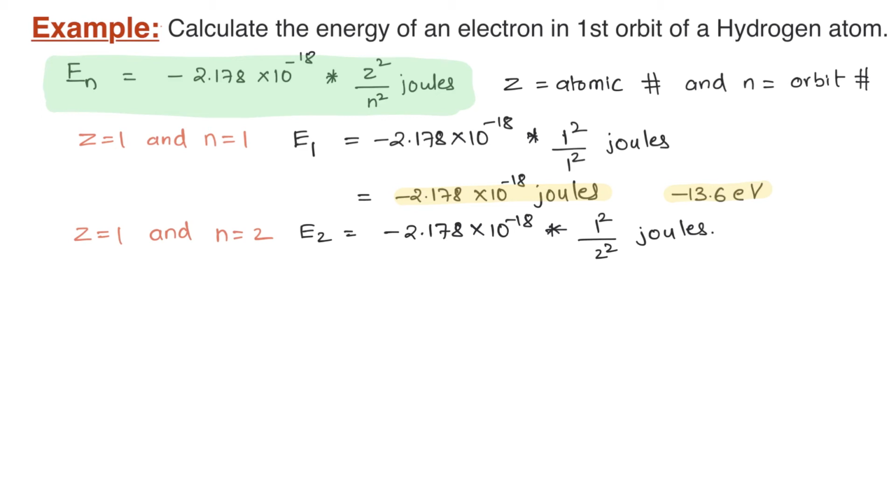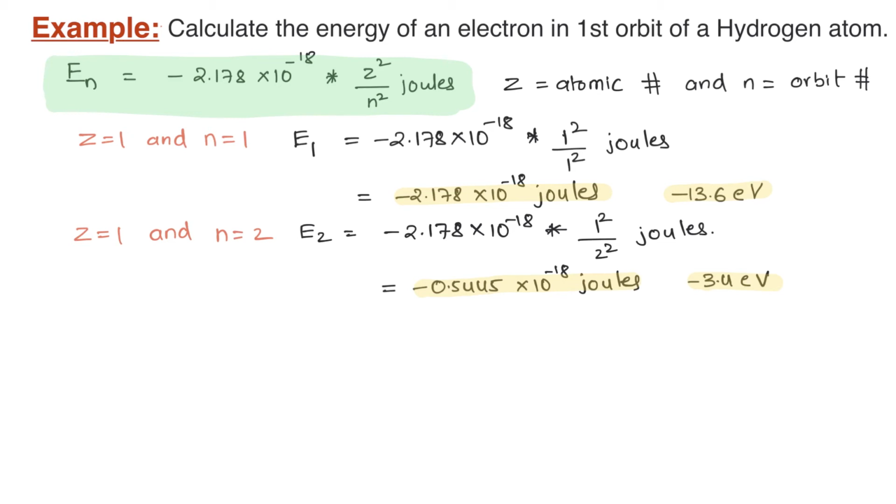So the energy is 1/4 of the energy of the first orbit electron. It comes out to be minus 0.5445 times 10 to the minus 18 joules, or minus 3.4 electron volts.